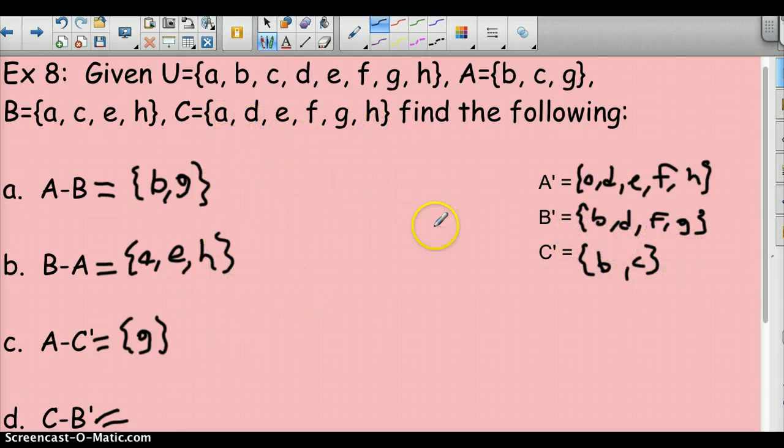Well, I look, I see A, it's not in B prime. D is in B prime, that doesn't count. E is not. F is, doesn't count. G is, but H is not. Pretty simple stuff, guys. That's our idea on the minuses going on between sets.